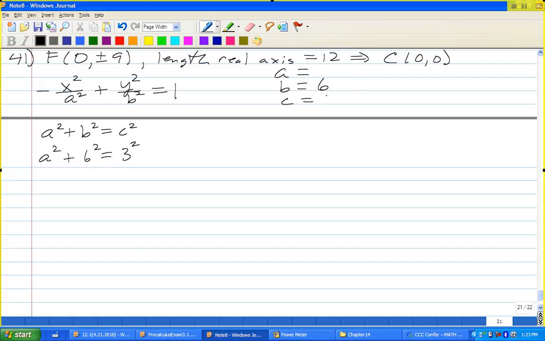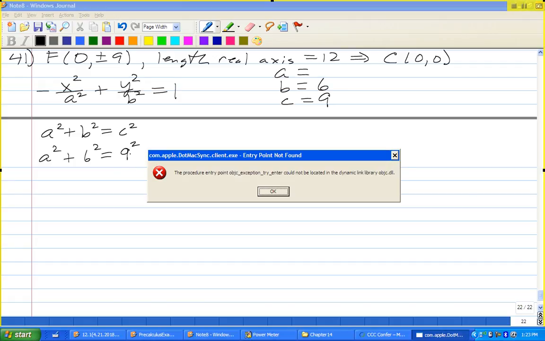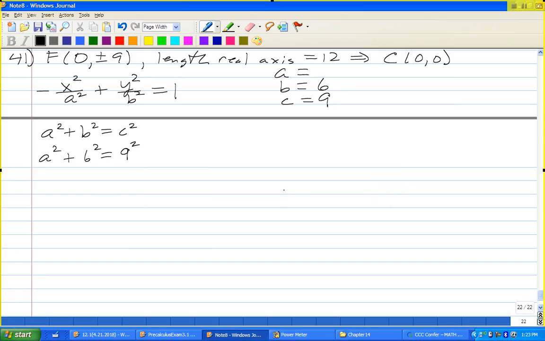I wrote something wrong. c is 9. It says 9 up here, not 3. Okay, that was a typo. So c is 9, and everything else is correct. So I have that a squared plus 36 is 81.